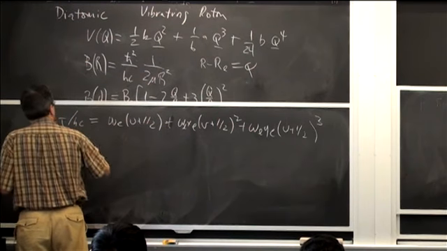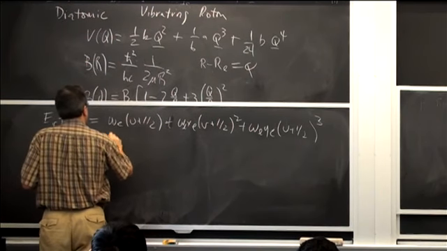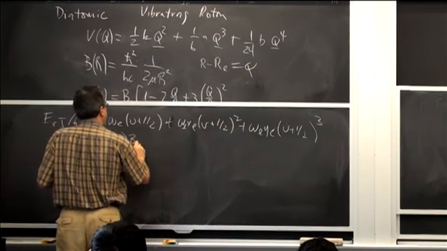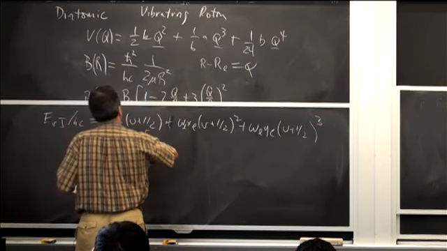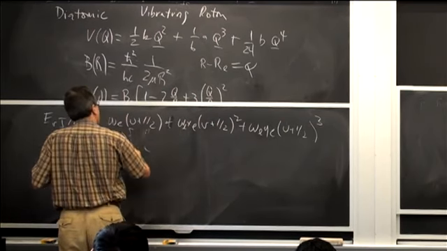And then we have plus J(J+1) times Be minus alpha e (v plus a half), plus gamma e (v plus a half) squared. And that continues.